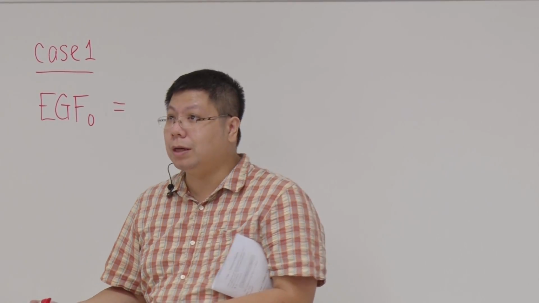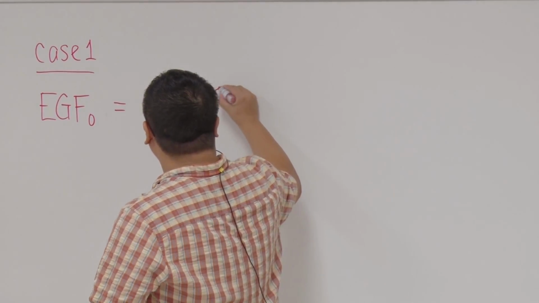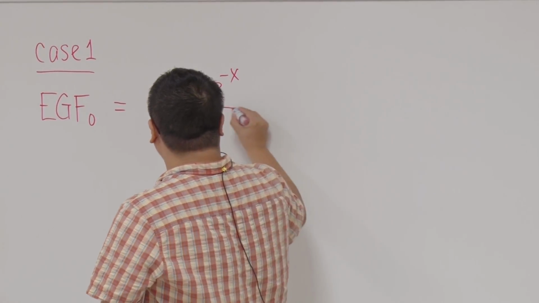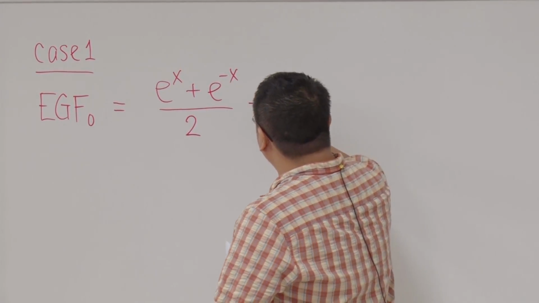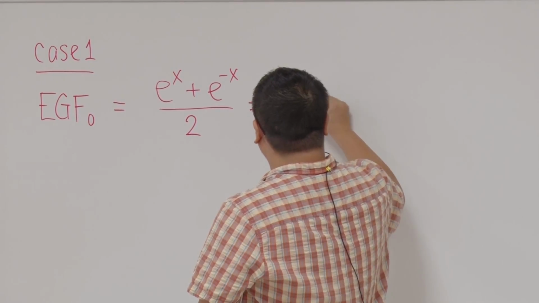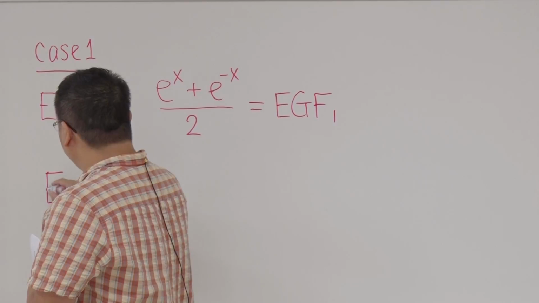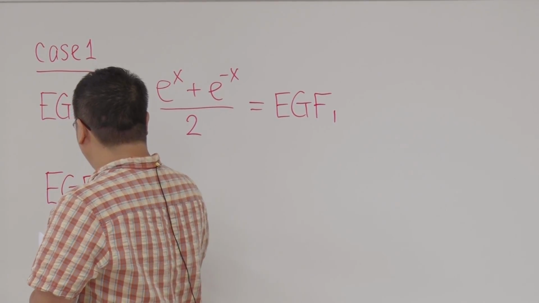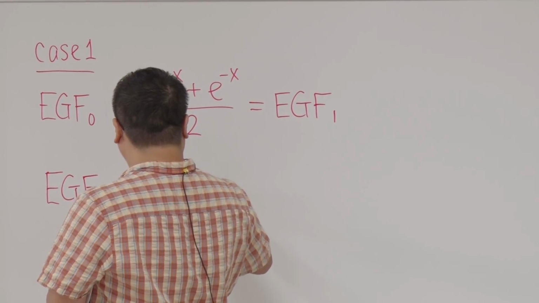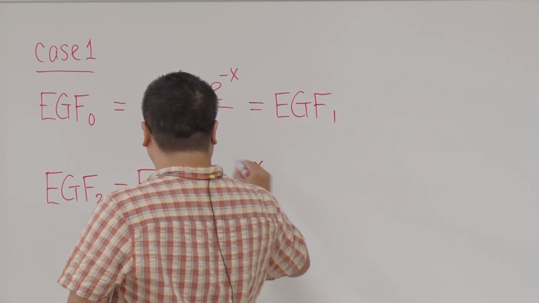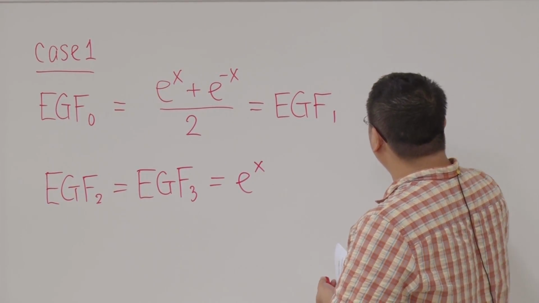So it is, I hope you still remember, e to the power x plus e to the power minus x divided by 2. Is that okay? And then it turns out that it is exactly equal to the EGF of 1. And then the EGF for 2 will be equal to the EGF for 3, and it is equal to e to the power x.